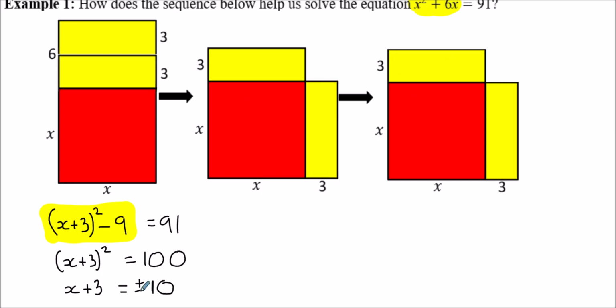So let's leave in this minus 10 just to generalize any full solution. So we're nearly there in terms of solving it. All we need to do is subtract 3 from both sides. So either x is negative 3 minus 10, which should be negative 13, or it could be that x is minus 3 plus 10, which should be positive 7.